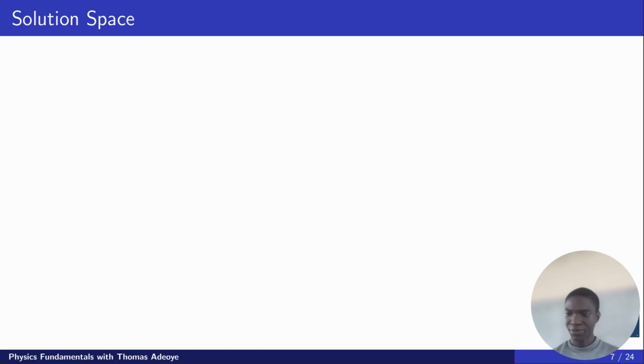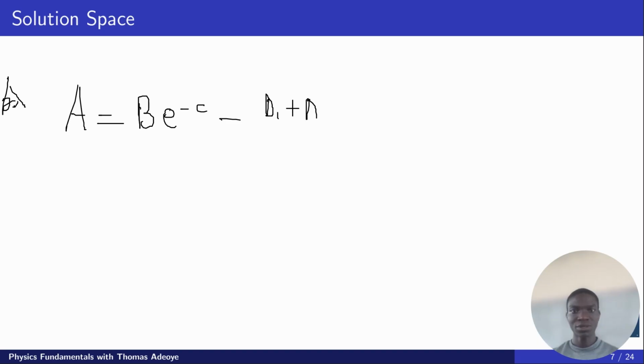They give us A equals B exponential minus C, then minus, so here we have D1 plus D2 over capital E, plus F. Okay, and now what we are planning to do is check which of the statements that follow must be false.